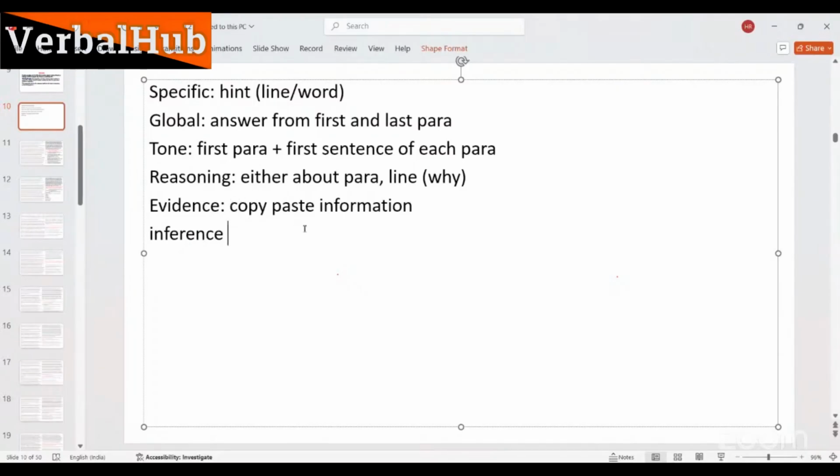Evidence means cited, not cited, given: which line is related to the first para, which line is related to the conclusion, which line is related to a certain word. That is called evidence based. Inference is also evidence but message evidence. First try to solve these questions and after that approach the inference ones.